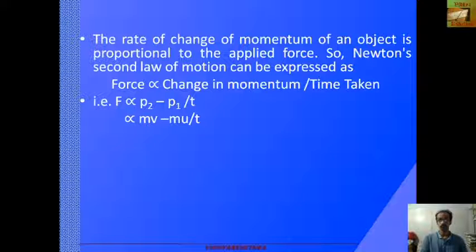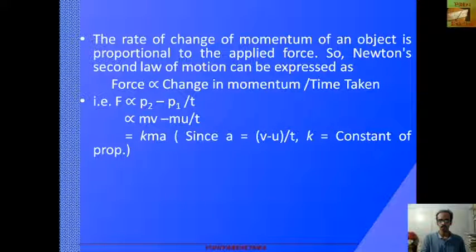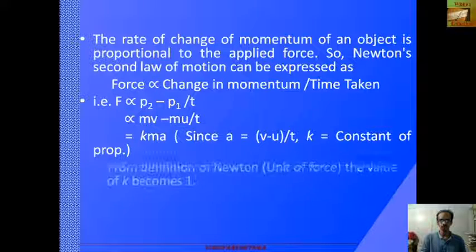We can substitute for P2, mv, where v is the final velocity, and for P1, mu, where u is the initial velocity. Here, substituting v minus u by t is equal to a, that is acceleration, and by putting the constant of proportionality, we get F is equal to k times the mass and the acceleration of the object.